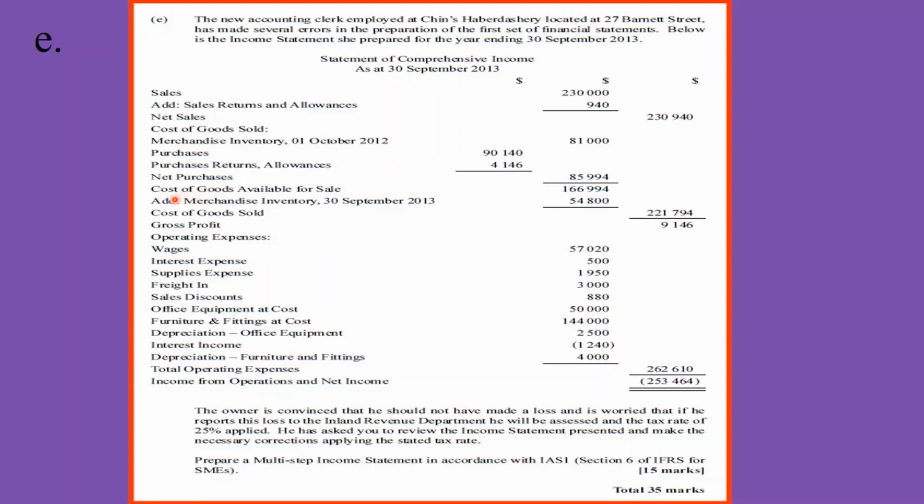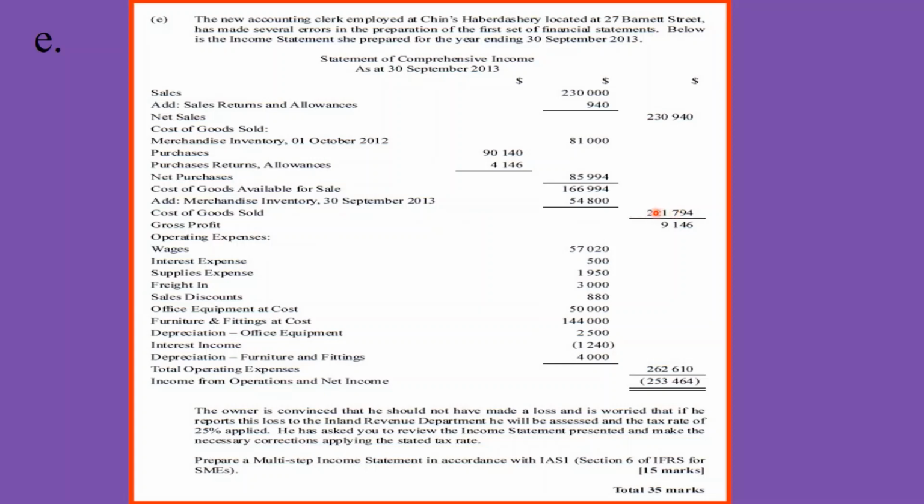And then we get the cost of goods available for sale, 166,994. So that we will less again. We have add where we should be minusing the closing stock, okay, of 54,800. We get the cost of goods sold, right?